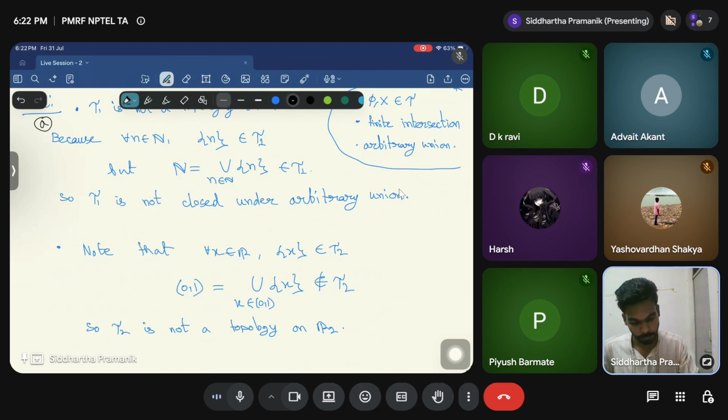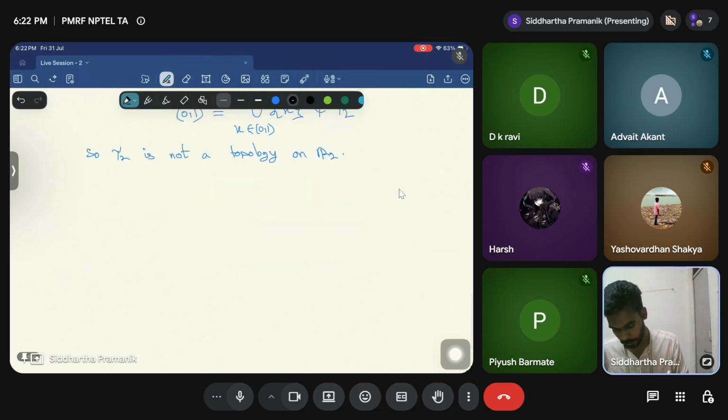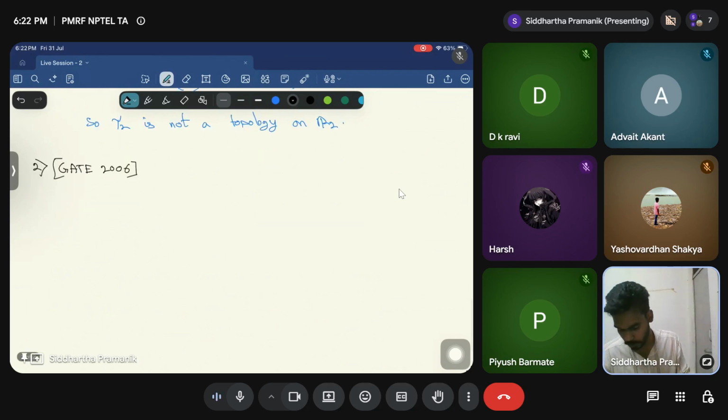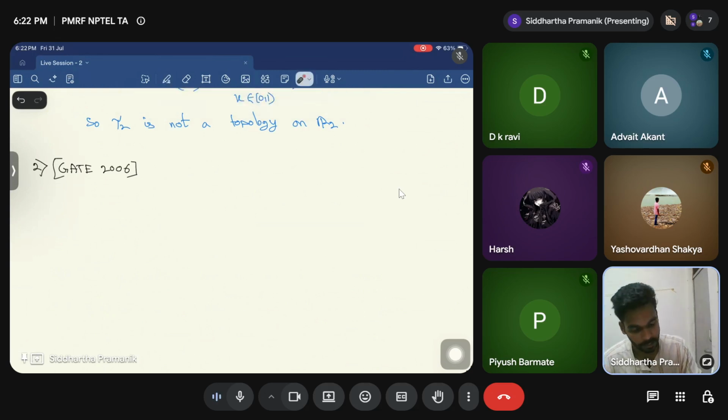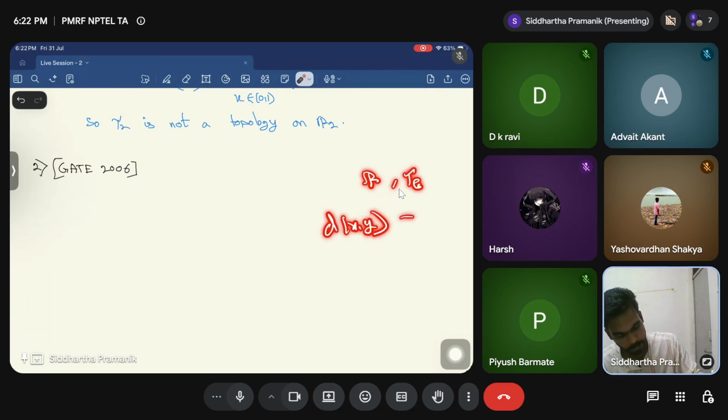Okay, then let's move on to the second problem. This is from GATE 2006. Recall from the lectures that on R we have the usual topology, and we denote it by tau e, the Euclidean topology on R, that is the usual topology coming from the metric defined in this way, right?